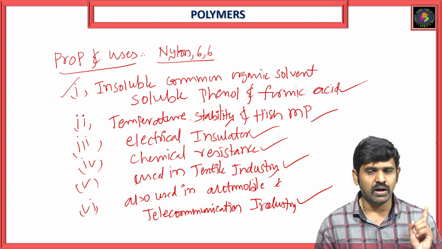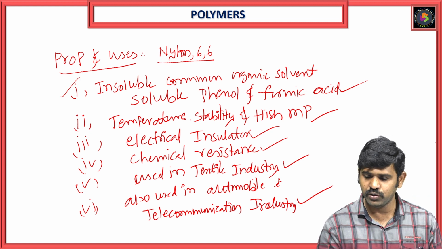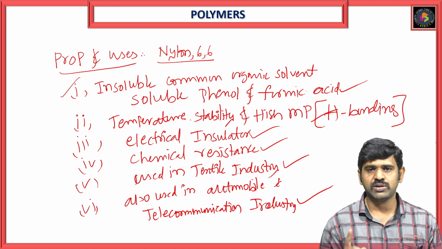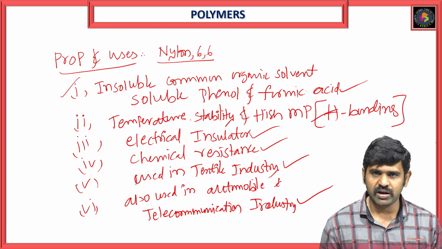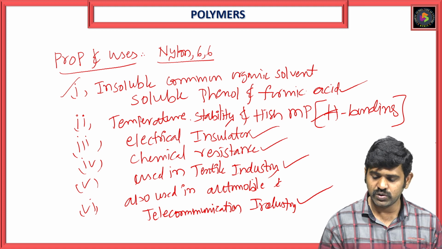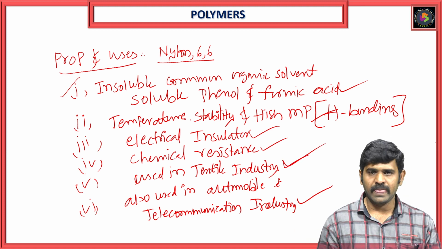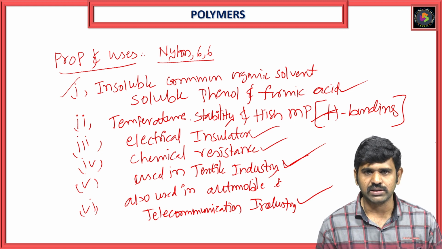It possesses high temperature stability and also high melting point, and this is mainly due to hydrogen bonding. Used as electrical insulator, possesses high chemical resistance, used in textile industry, used in automobile and telecommunication industry. This is about nylon 6,6, right.